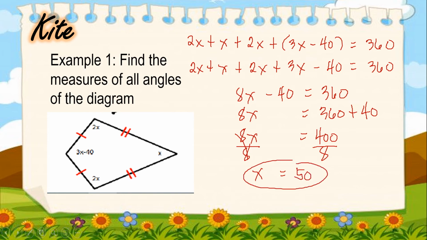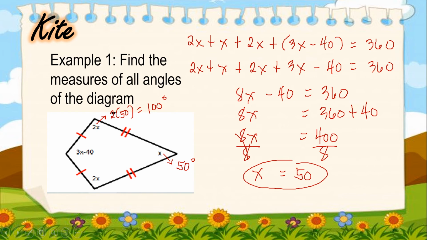Now we can solve for the measure of each angle by substituting 50 to x. Therefore, the measure of this angle is x, which is 50 degrees. If this angle measures 2x, so we have 2 times 50. Therefore, the measure of this angle is 100 degrees.